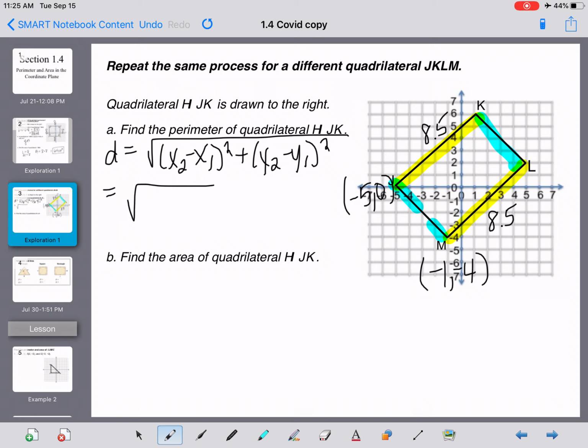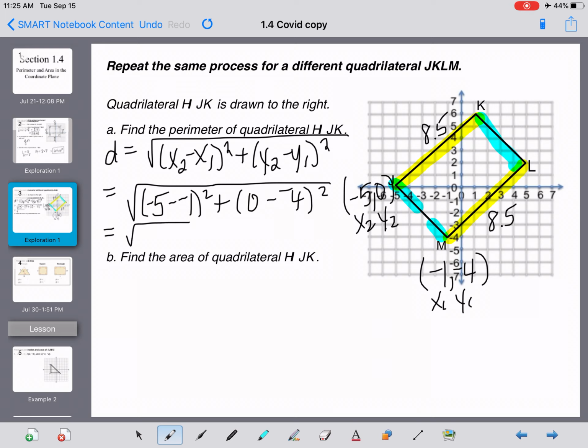So let's do this as x1, y1, and this is x2, y2. So x2 is -5 minus x1, which is -1. y2 is 0 minus y1, which is -4. Again, be careful.